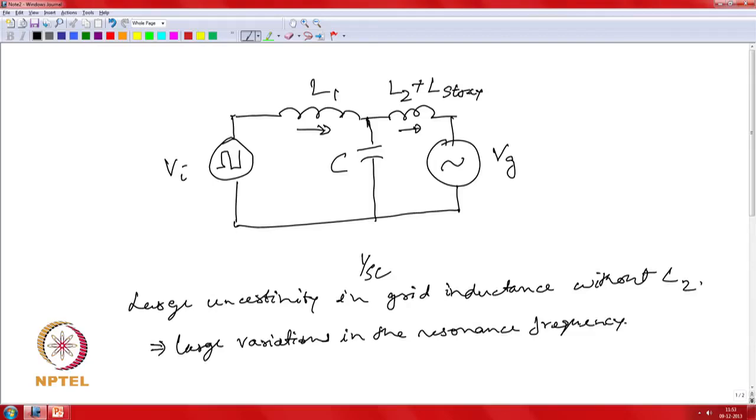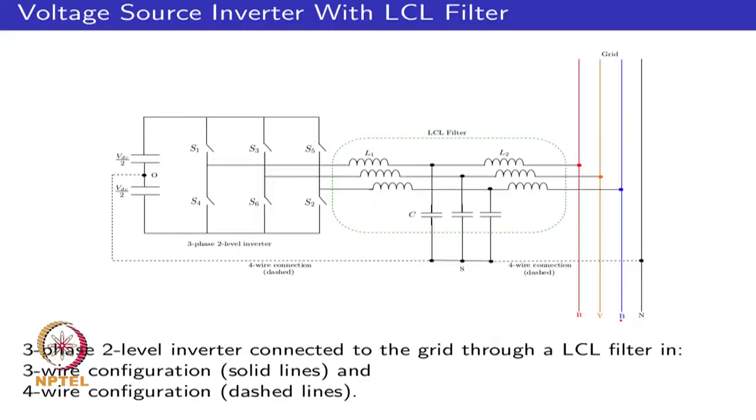So, if you look at the circuit that we are seeing for the LCL filter, this would accommodate for the configuration for both a 3-phase 3-wire and a 3-phase 4-wire.